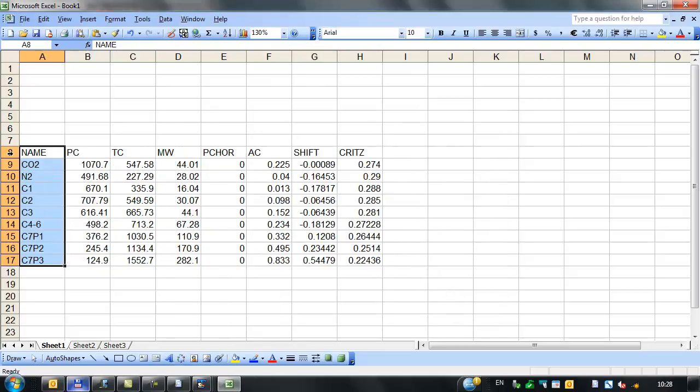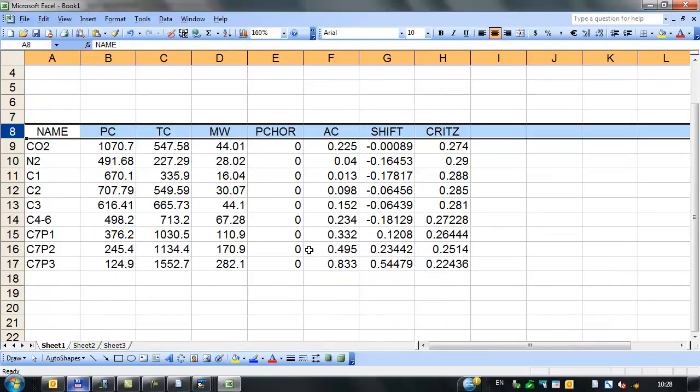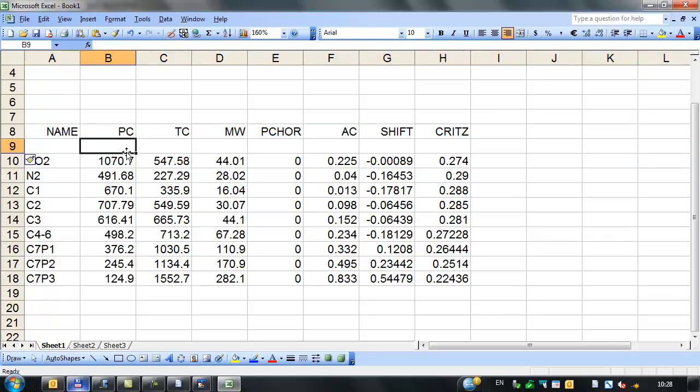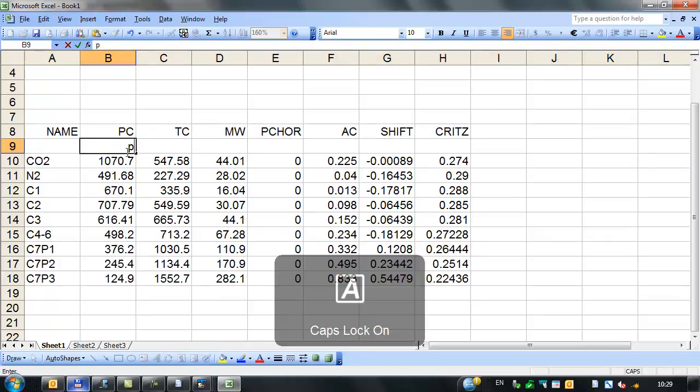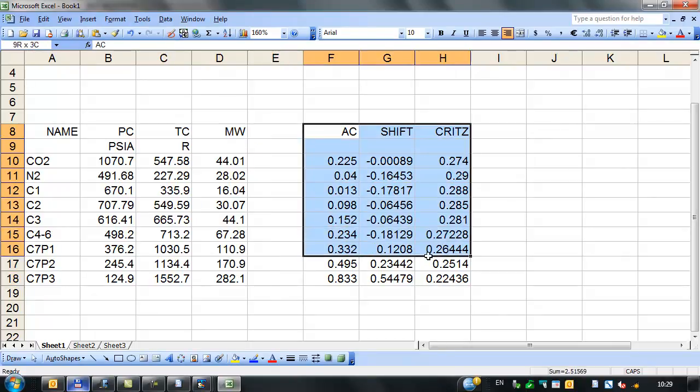Like that. You guys see this okay? Okay, and then we need some units. I'll just make this in the, this is Rankine, I think. I don't need these. This is acentric factor.